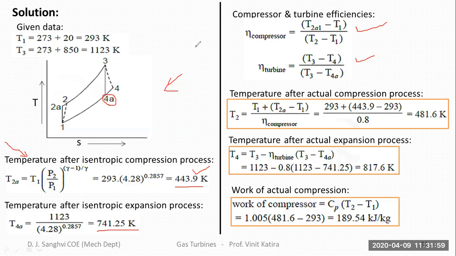T2 is coming as 554? No sir, 481. It is coming as 481.7. Okay, just check again, you must have made some calculation error. Okay, anyone found T4? Yes sir, T4 is going to be 741.27.